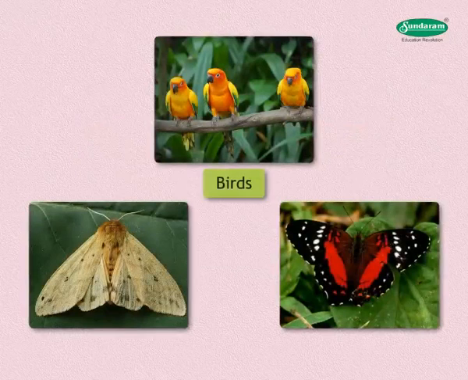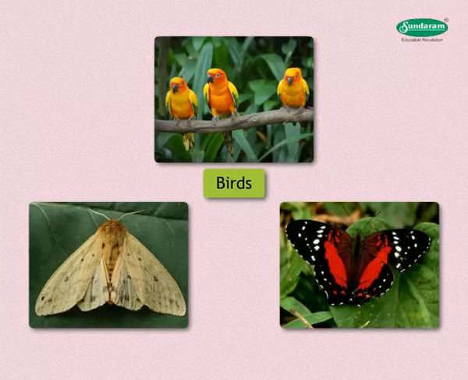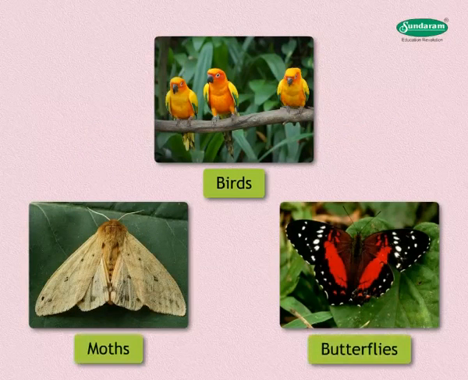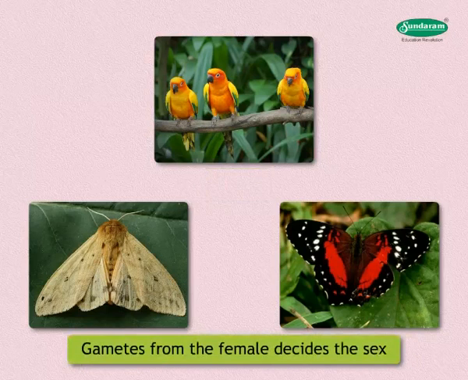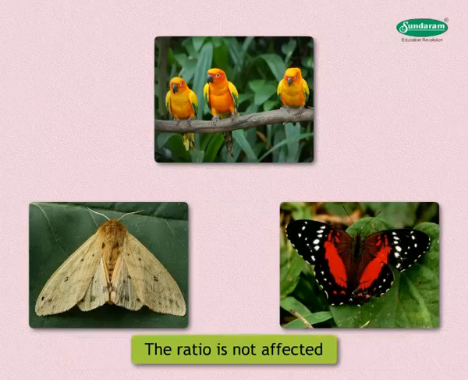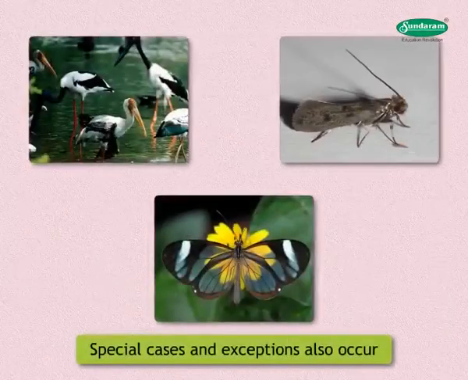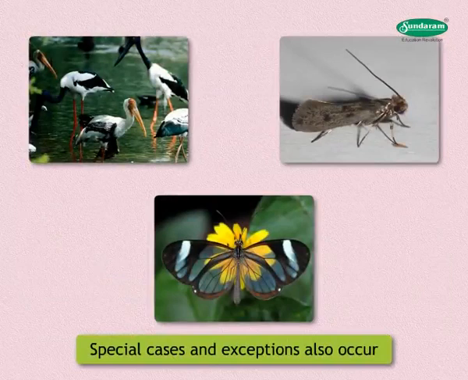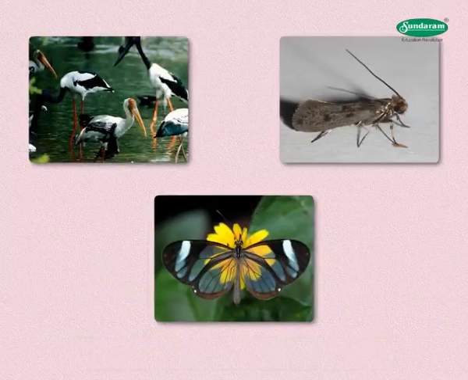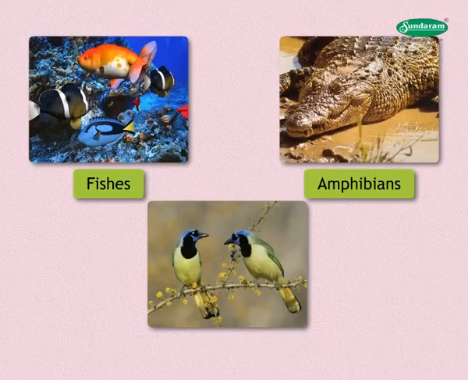Example, birds and lepidopterans like moths and butterflies. Here the gametes from the female decide the sex. The ratio is not affected. Various special cases and exceptions also occur. Sex reversal is possible in certain fishes, amphibians, and birds.